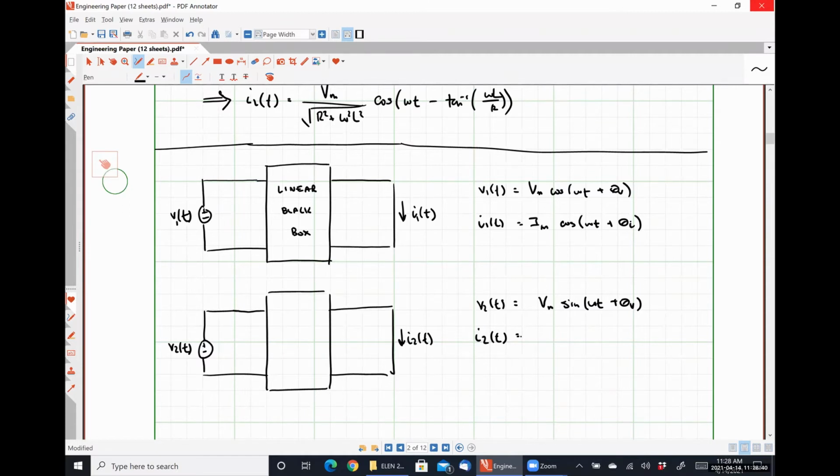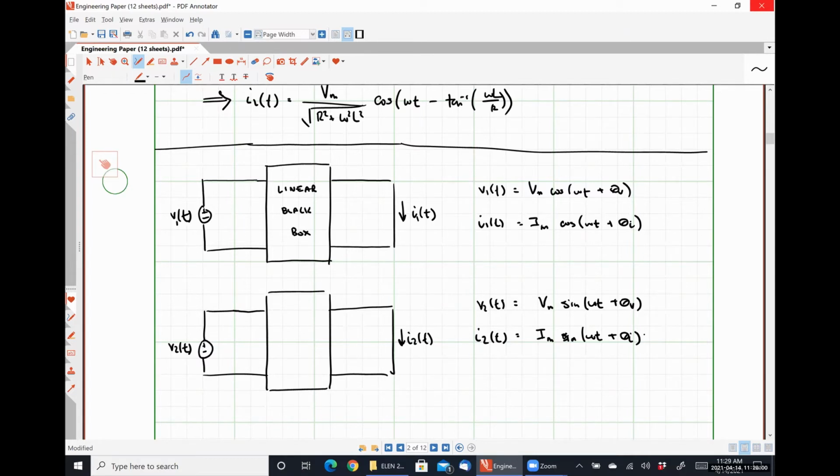Another way that we could think about this sine omega t plus theta I is that the sine function and the cosine function are the same thing. There's just a slight time shift, right?